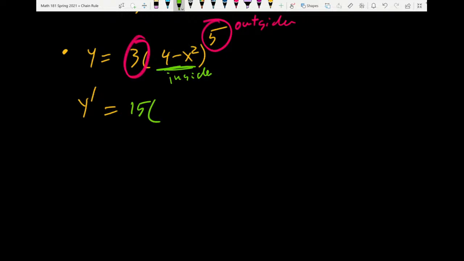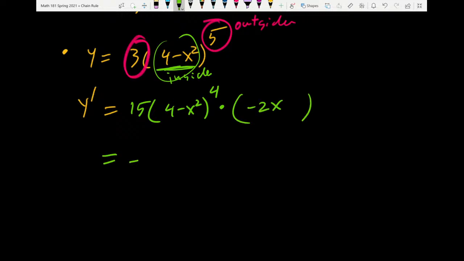It would be 15 times (4 minus x squared) to the 4, and this is the inside one. And what's the derivative of inside? That would be negative 2x. So if we simplify it, 30x times (4 minus x squared) to the 4th. Any question?